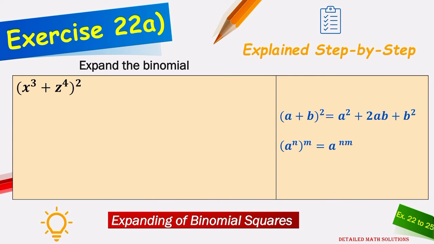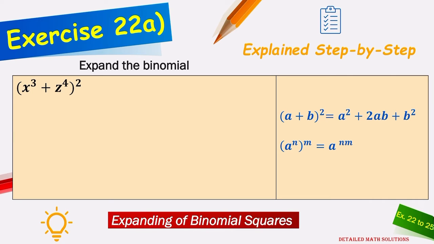Next, I'm going to show how this is done for each exercise. Exercise 22a. Expand the binomial (x cubed plus z to the fourth power) squared. This binomial has two terms. The first term is x cubed. The second is z to the fourth power.